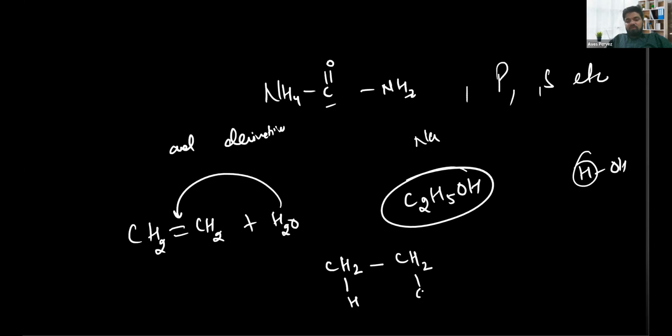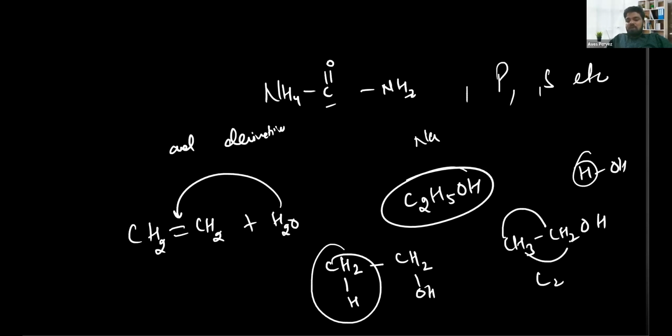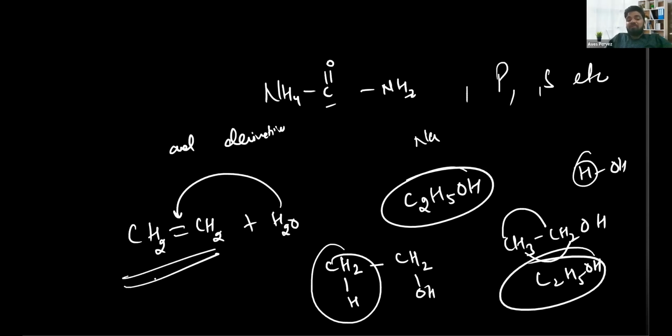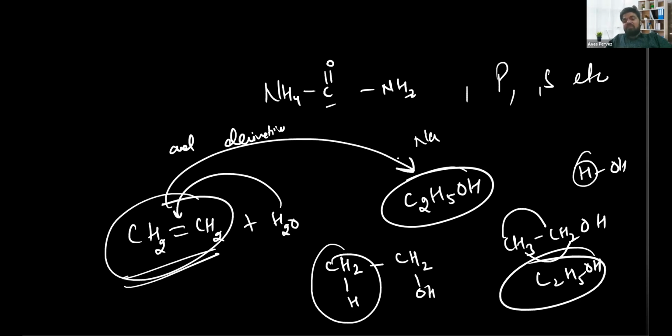It becomes CH3CH2OH, together C2H5OH, which is ethanol. So ethanol is derived from the hydrocarbon, and its derivative ethanol is also considered an organic compound.